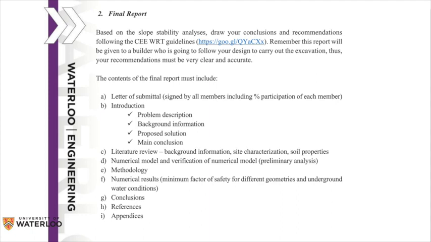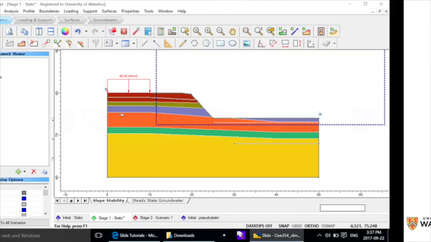You guys have to do some literature review and numerical model verification. So once you have the results from the software, you are going to have this failure surface, okay?